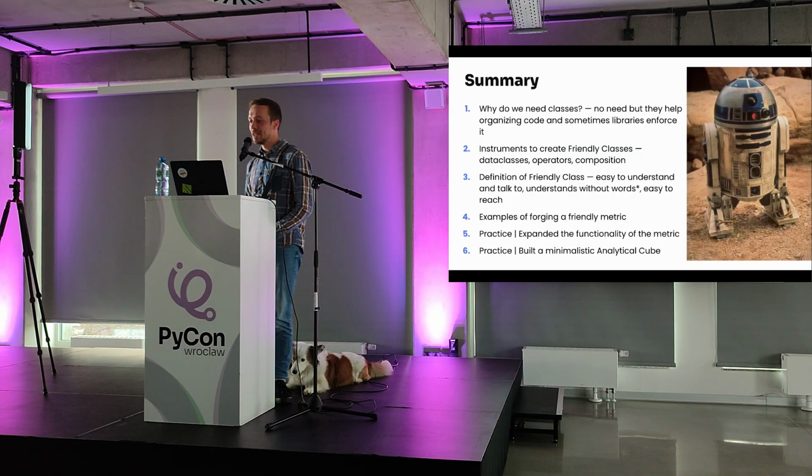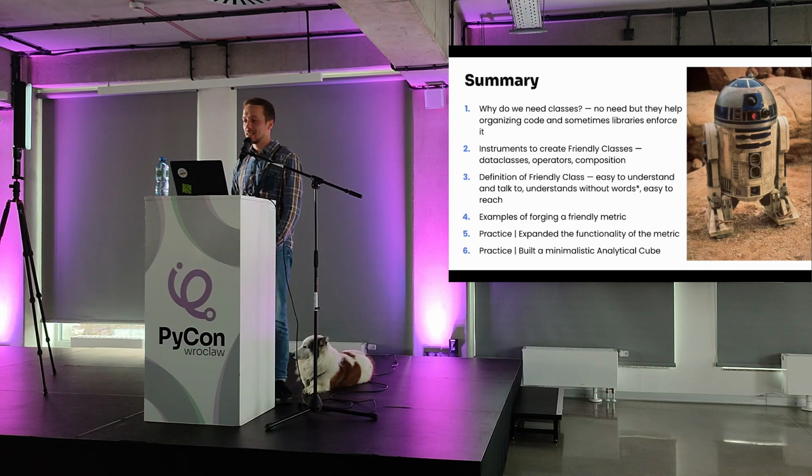This is it. To recap, we answered why we need classes. We don't need to use classes in Python, but they help with organized code and sometimes libraries enforce them. Then we discussed instruments that we use to make friendly classes: data classes, operators, and composition.